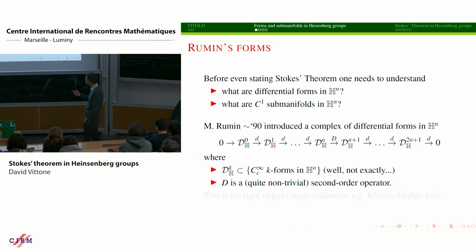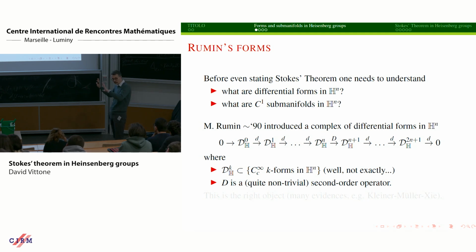He was able to produce a complex of forms, the one you see here, which has the same cohomology as the de Rham complex. There will be Heisenberg 0-forms, Heisenberg 1-forms, and so on, up to Heisenberg n-forms, where I want to stress this passage from n to n+1, up to Heisenberg (2n+1)-forms.